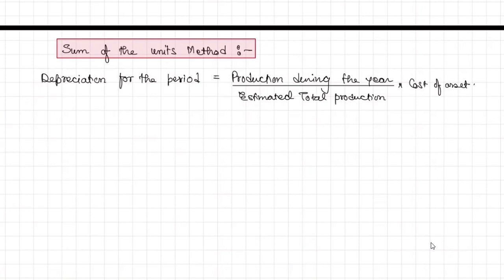Okay, cost of asset. This is a simple one. Let me build an example so that you can understand it.